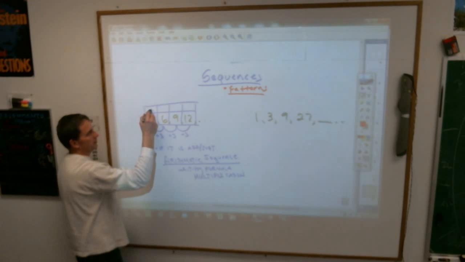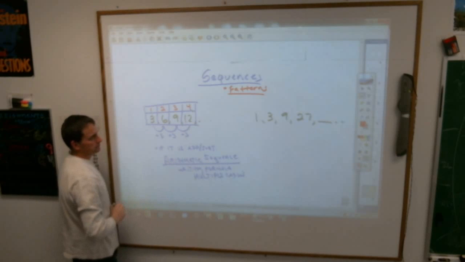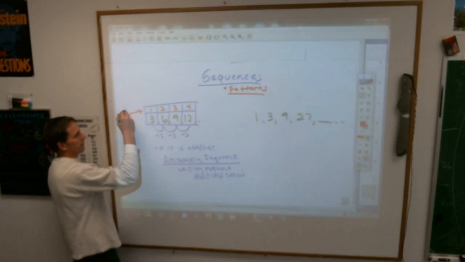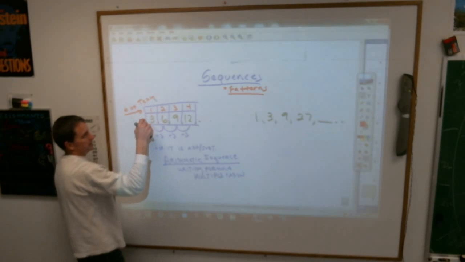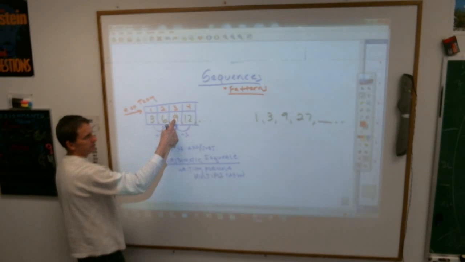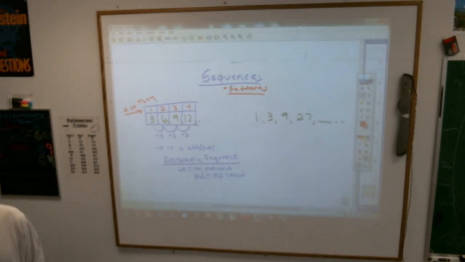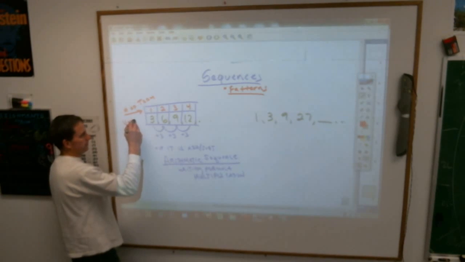Above up here, put the numbers 1, 2, 3, 4, because this top row is the number of the term it is. The first term is a 3, the second term is a 6, the third term is a 9, the fourth term is a 12. The bottom of the box is what the value is.